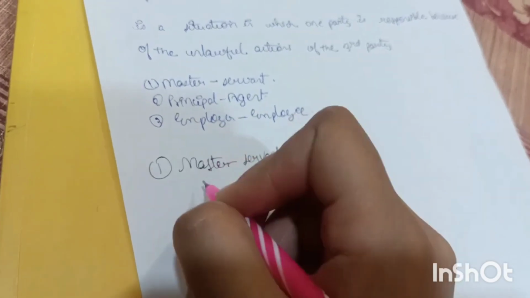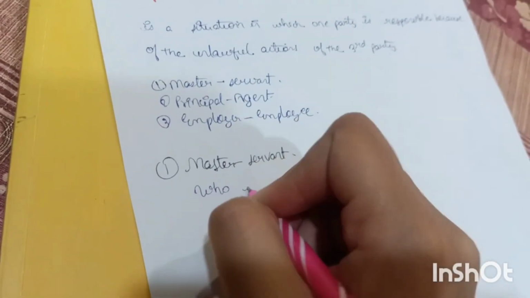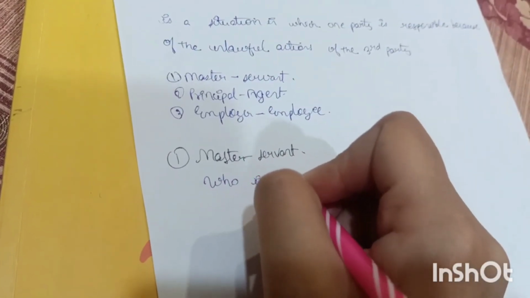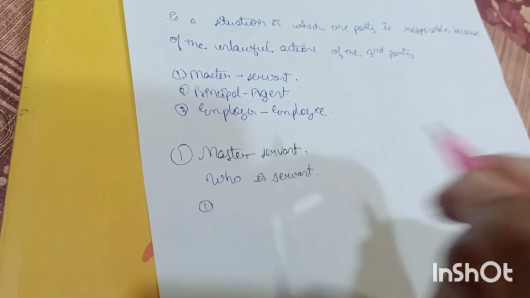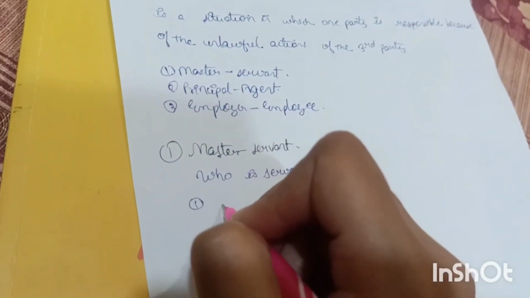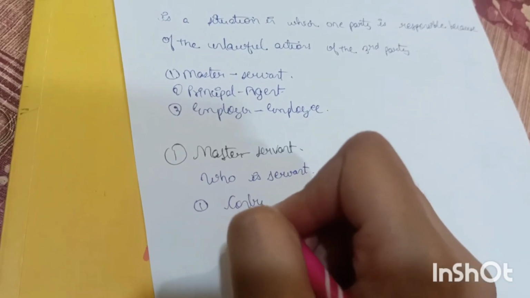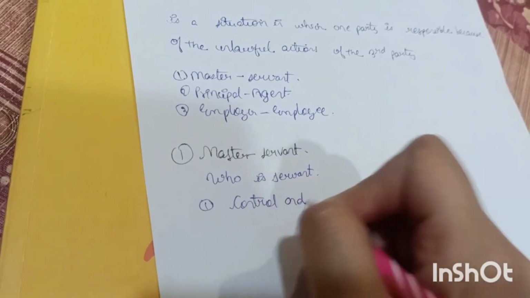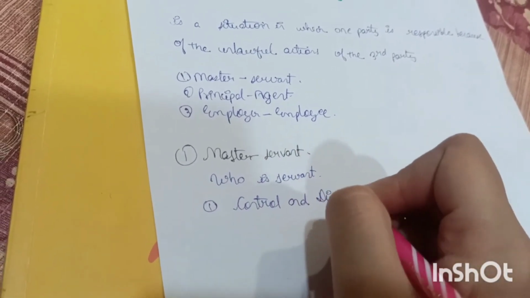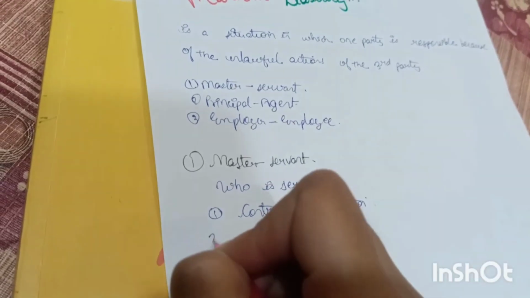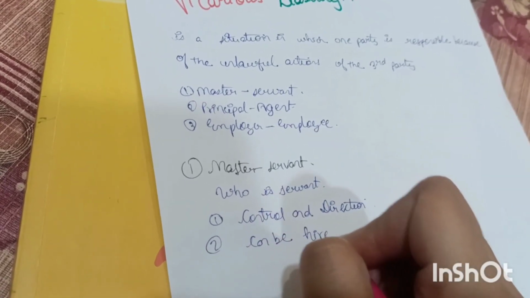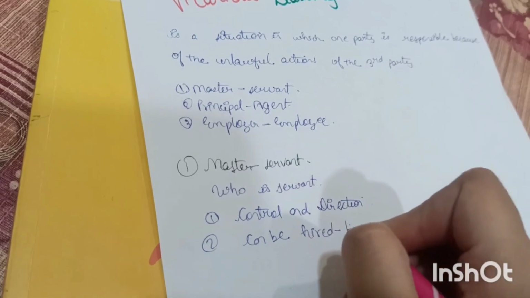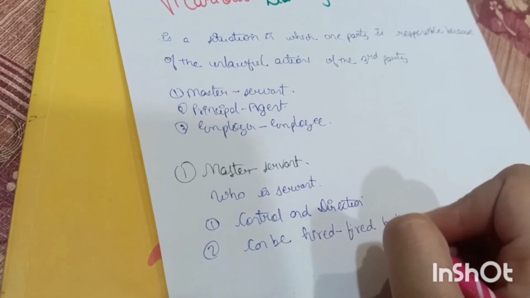First of all, let us see who is a servant. The servant is a person who can be controlled and is given directions, and second, who can be hired or fired by the master.